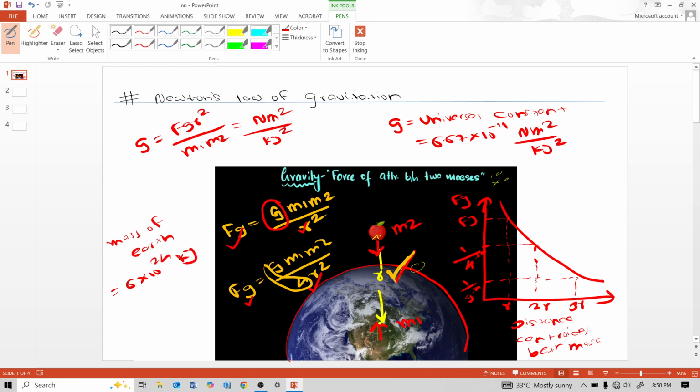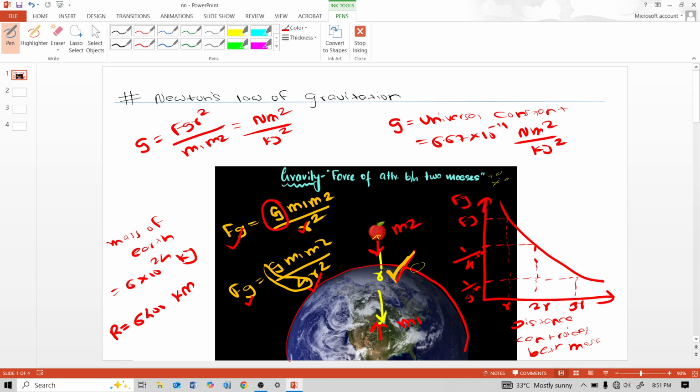And one more thing, the radius of earth, let us denote it as capital R, is approximately 6400. What is the unit? No, it is not meter, it is kilometer.